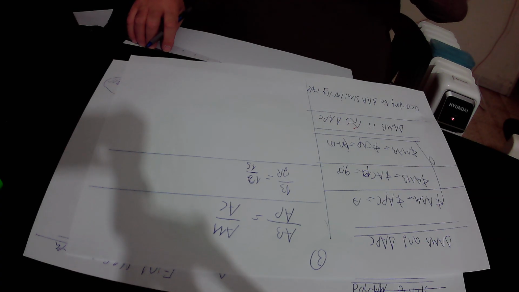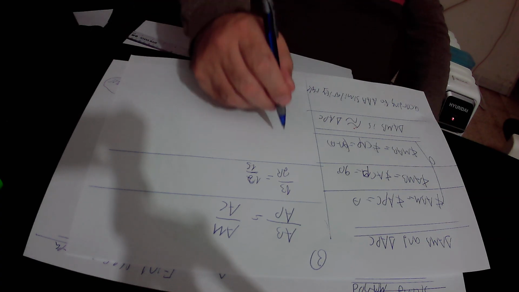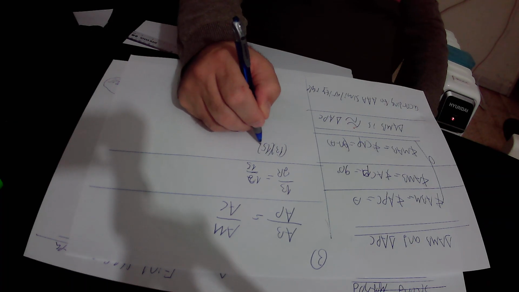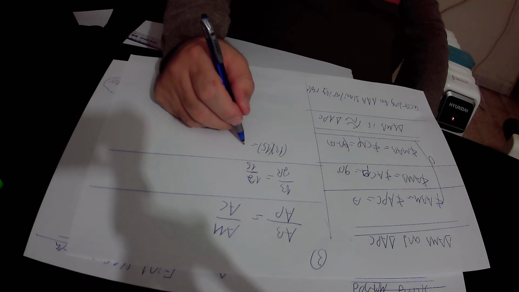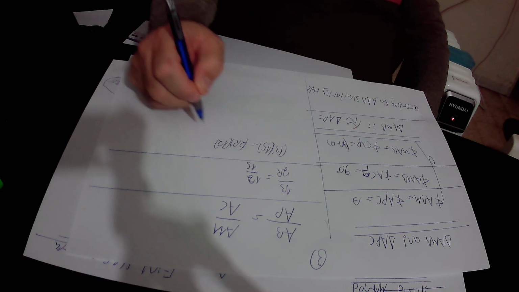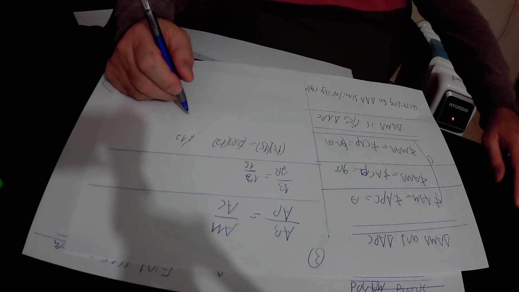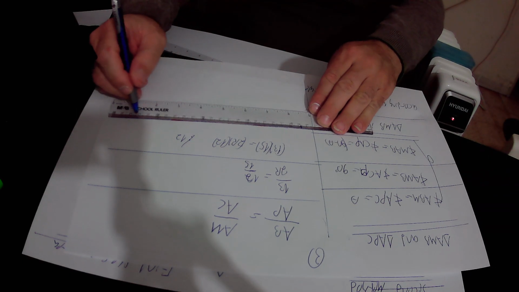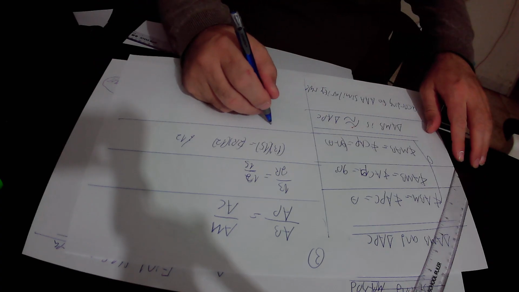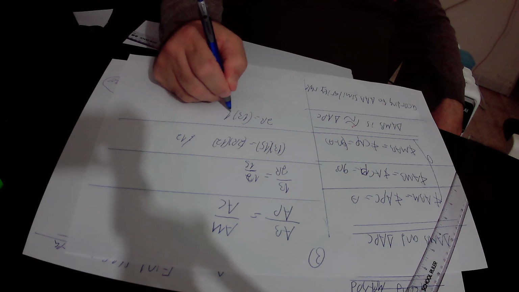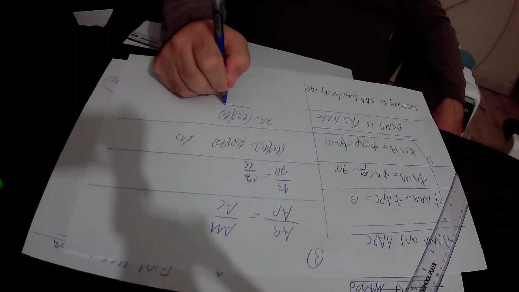Here we'll cross multiply this equation and we get that 13 times 15 equals 2R times 12. So here we'll divide this equation by 12 and we'll get that 2R equals 13 times 15 over 12.